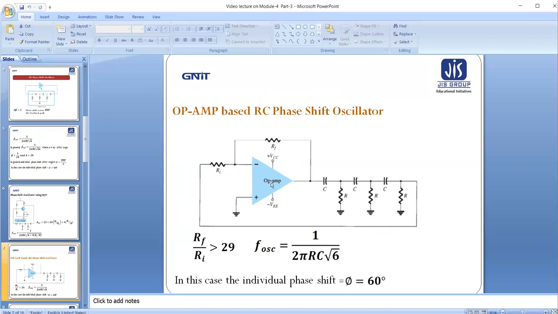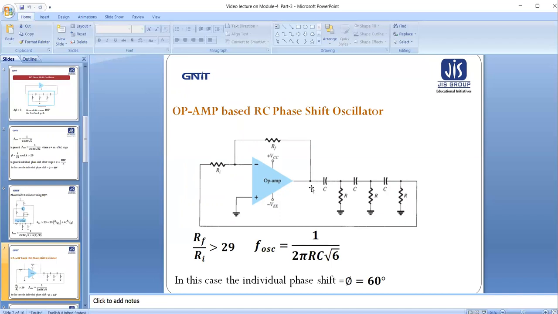It is an op-amp based circuit. Now we are seeing that the op-amp inverting terminal is grounded and the feedback signal is connected to the negative terminal. That means it will behave as an inverting amplifier. So the output will be 180 degrees phase shifted from the input.